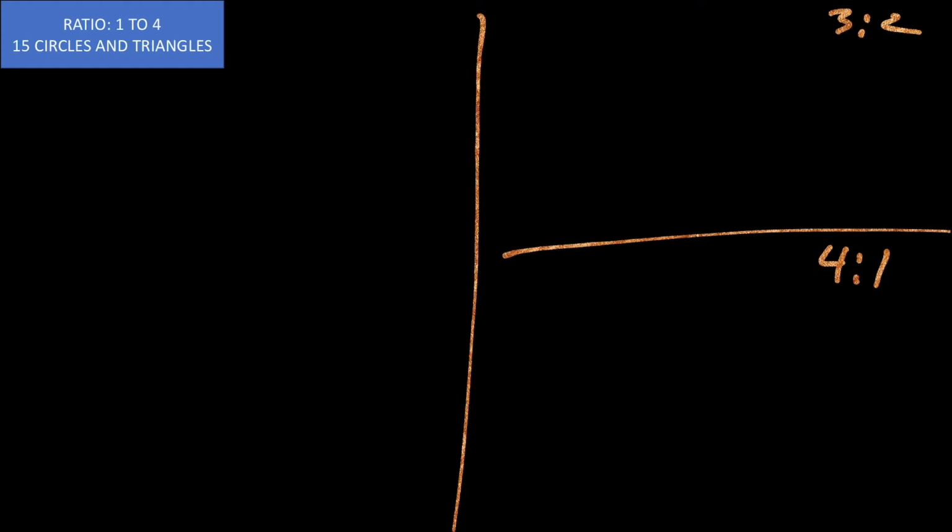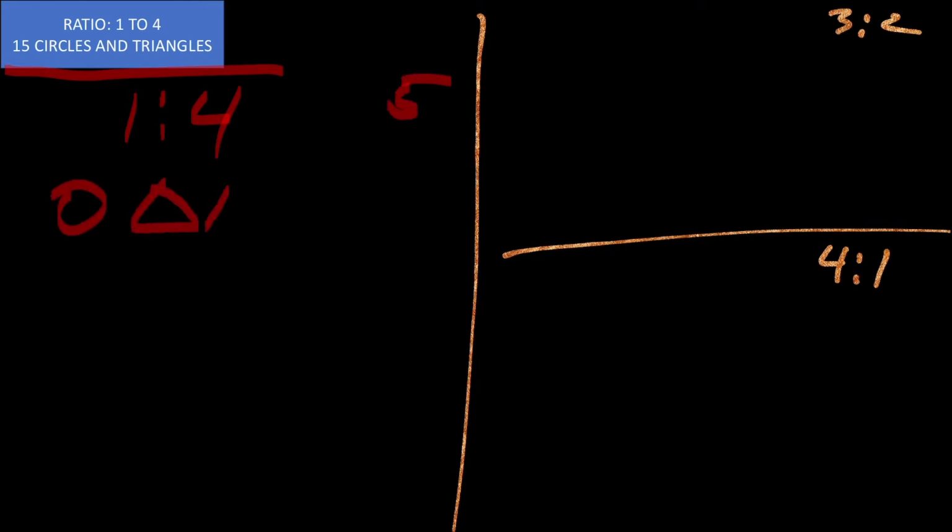Okay, so if I had a 1-to-4 ratio with 15 circles and triangles, what would that look like? How do I figure that out? Well, I would look at the ratio first and know that in one group, I'm going to have a total of 5. So if this is circles to triangles, that would be one group.